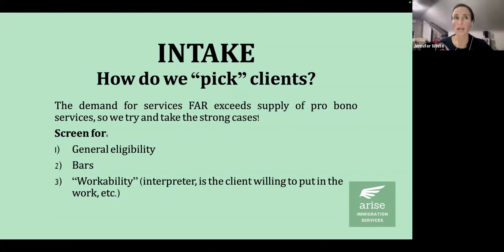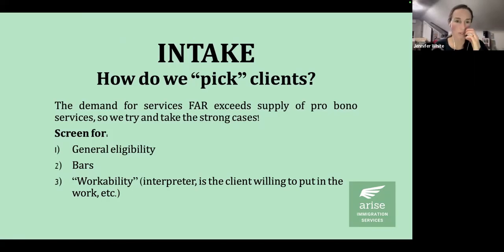We don't want to put them at risk because if they're denied at the asylum office, they'll likely be put in removal proceedings. And it's extremely expensive to defend yourself in removal proceedings because nonprofit providers are super limited in their capacity to do that kind of work. So we keep all that in mind, which is why we take strong cases.